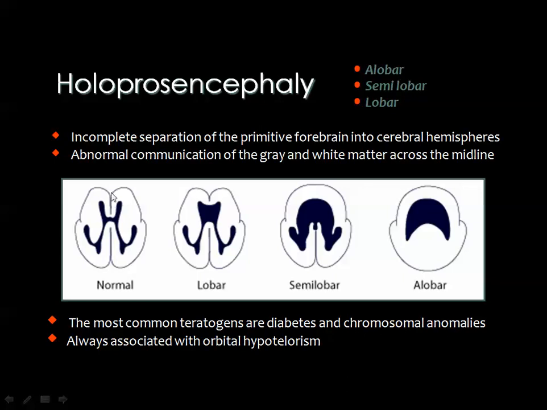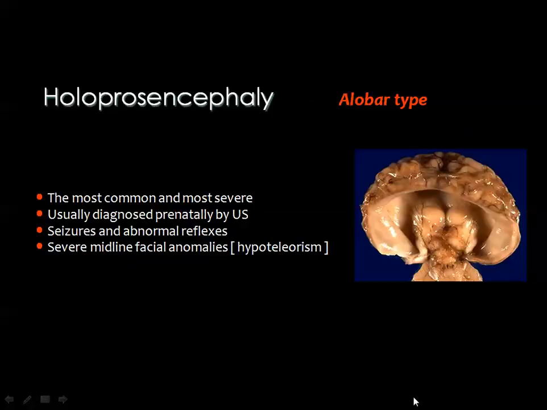you can see the interhemispheric fissure, and each lateral ventricle is separated from the other by the midline structures. Then the alobar type, as I have said, is the most common and the most severe type of holoprosencephaly.